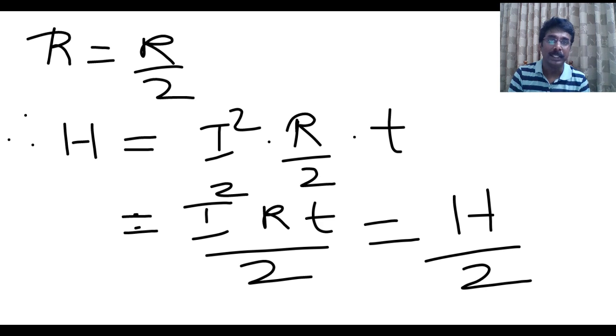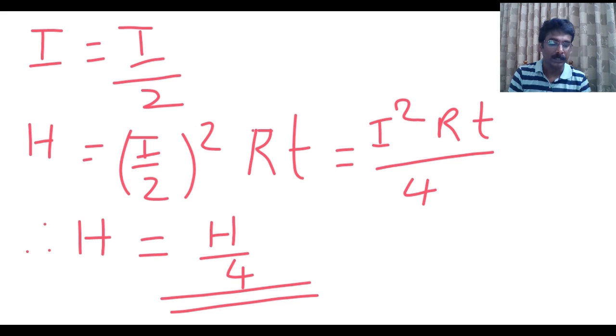That means H became half. Next, I became half. Then what happens? When I became half, I square became I square by 4. Then H became I square RT by 4. Therefore, the heat developed in the conductor is 1 by 4.